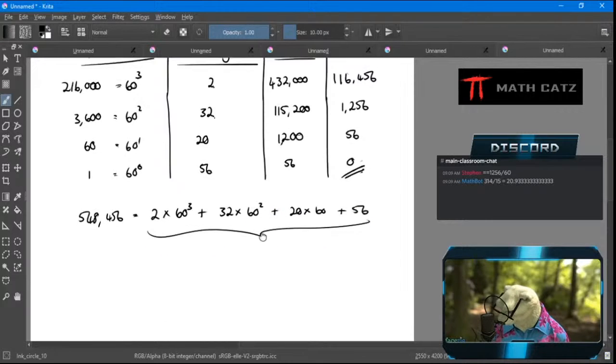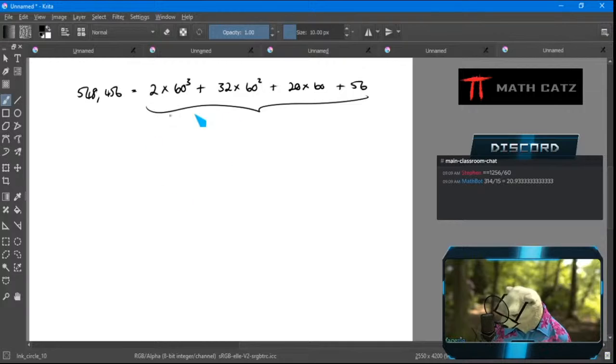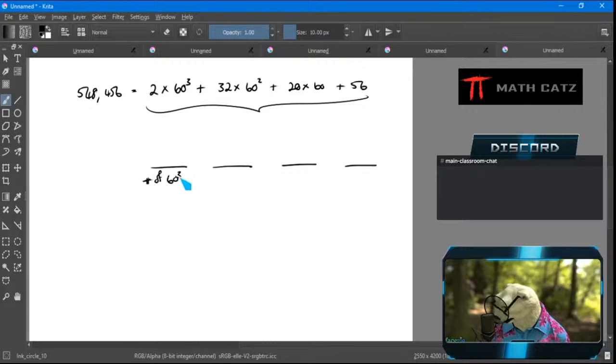That means, and I'm writing a lot, so it helps me, and there's no confusion. I have my places, but this is an optional step for sure. Number of 60 cubed, oops, number of 60 squared, number of 60, especially in the beginning, when I'm trying to get on top of what the Babylonian system is telling me and how it works.